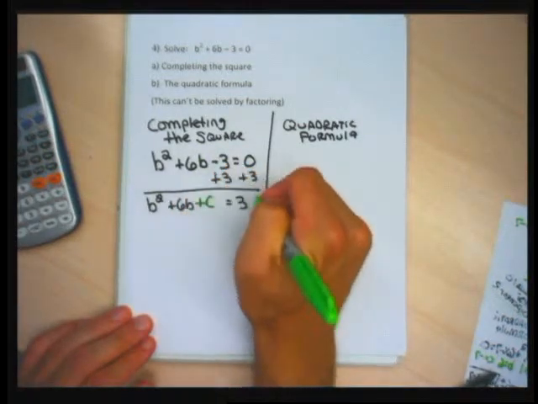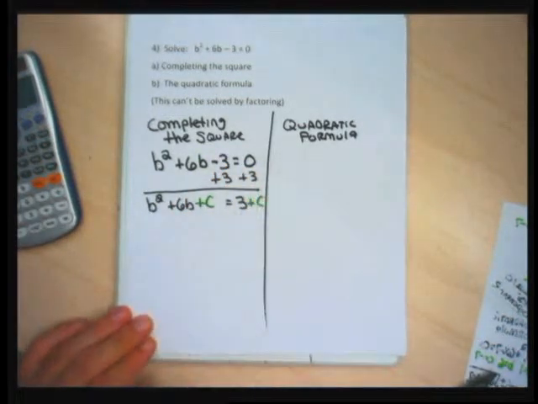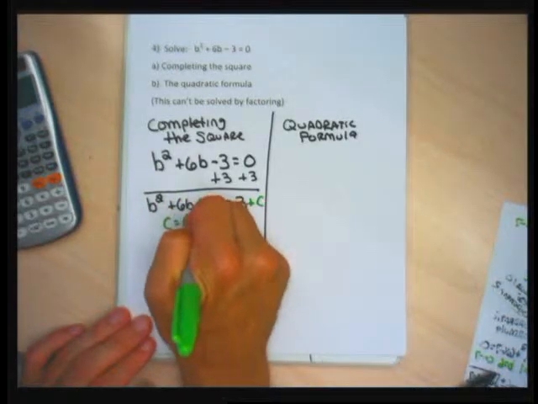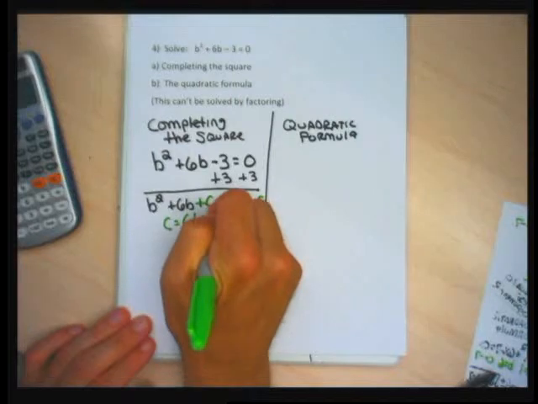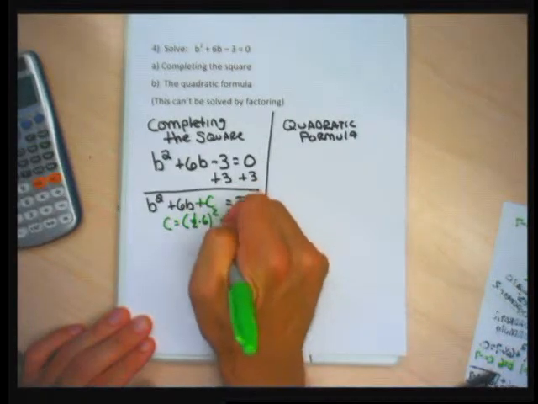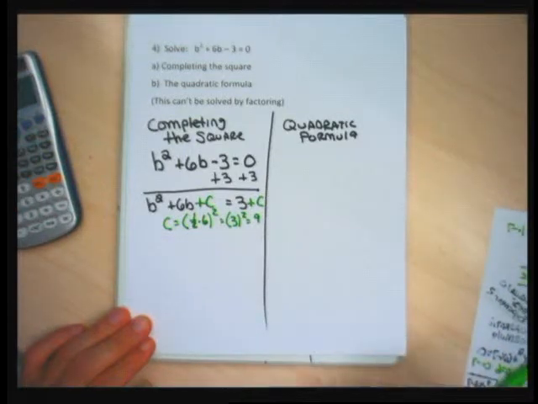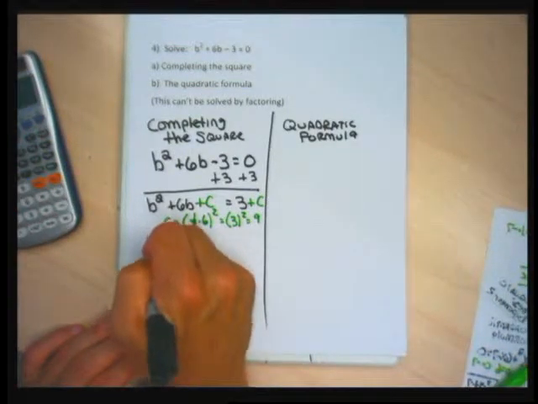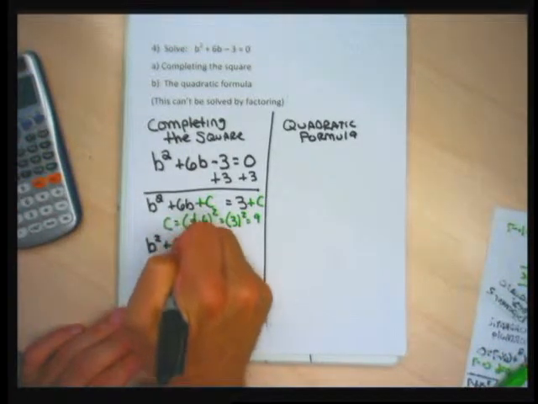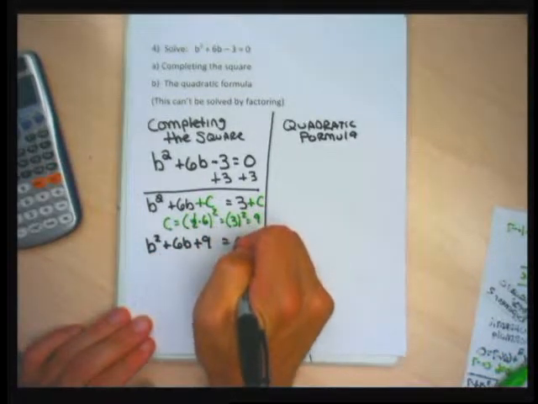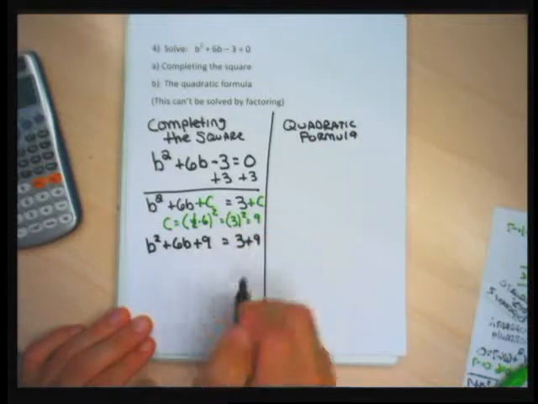I'll go plus C, and C is going to equal half of positive 6 squared. Half of positive 6 is 3 squared, which is 9. So I'm going to rewrite this as b squared plus 6b plus 9 equals 3 plus 9.